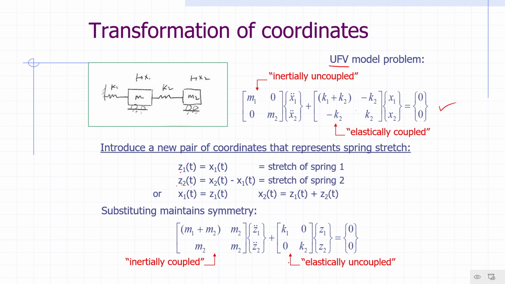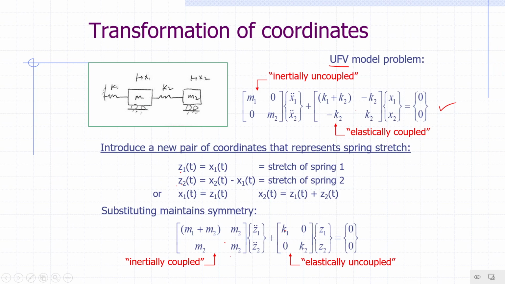Here we can see another form which has an interesting property. For the spring part, we have a matrix which is uncoupled, but initially we have coupling in the matrix M. Each variable is how much you stretch or squeeze spring one, and spring two.